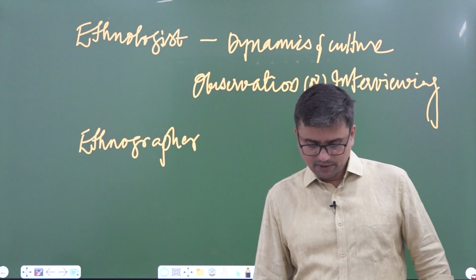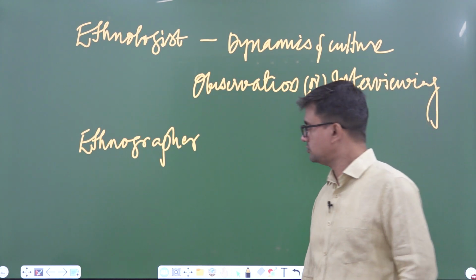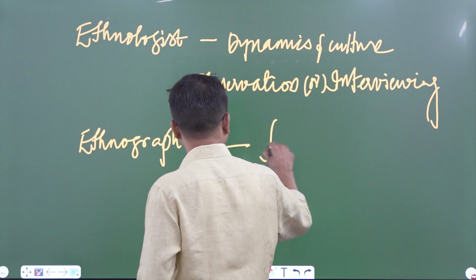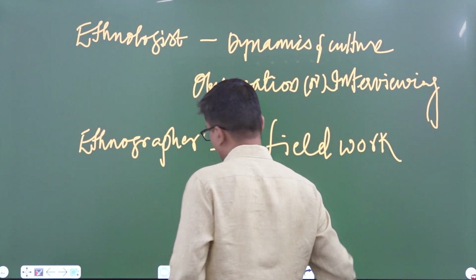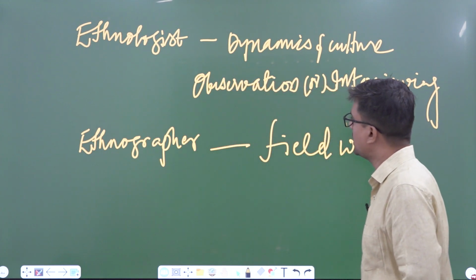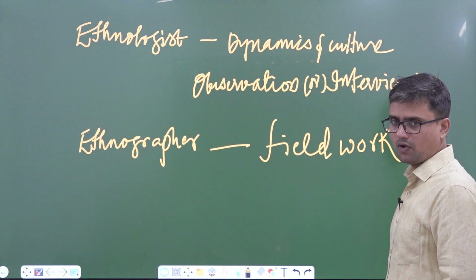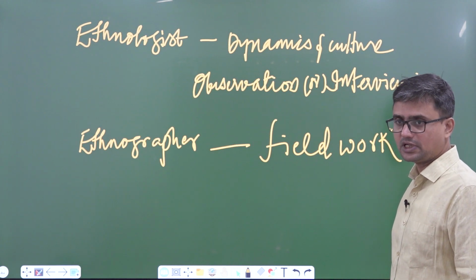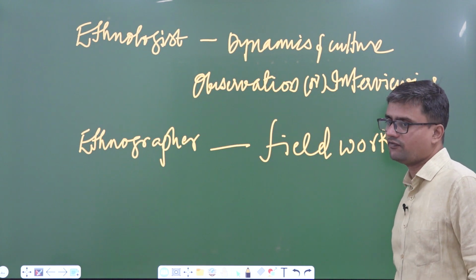That is, they will be doing the field work. They stay with that group because ethnologists gather information through observation or interviewing. One type of ethnologist is an ethnographer, and the ethnographer will be doing the field work.